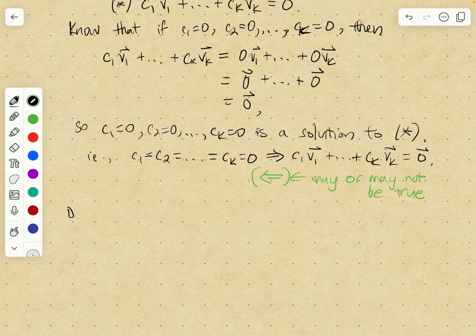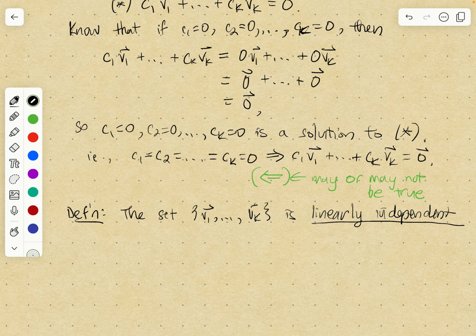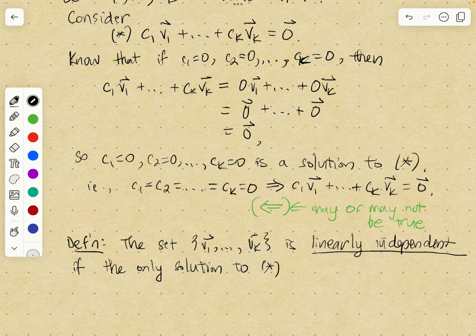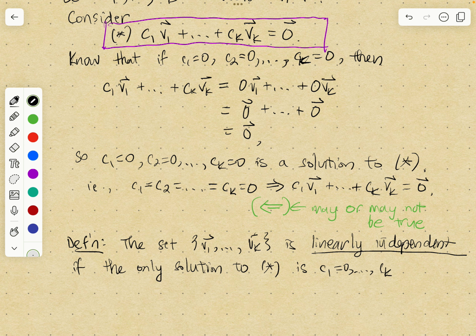So let's give the definition. We say that the set v1 through vk is linearly independent if the only solution to the equation star, which is above, is c1 equals 0, dot dot dot, ck equals 0.